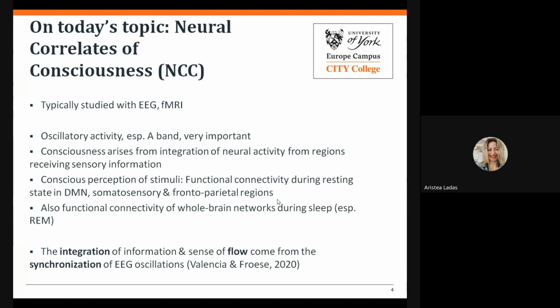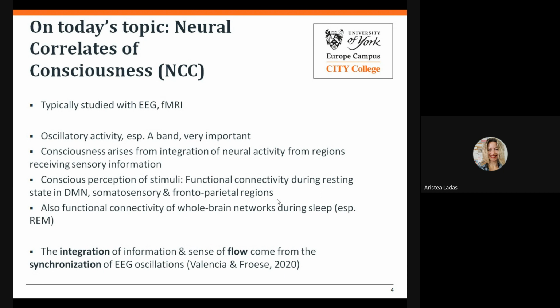Now, regarding the conscious perception of stimuli, functional connectivity during resting state EEG, so with eyes open while at rest, in the default mode network, and also in the somatosensory and frontoparietal regions, seems to be mostly responsible for conscious perception of stimuli, as opposed to unconscious perception of stimuli.